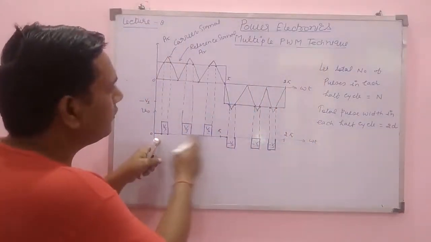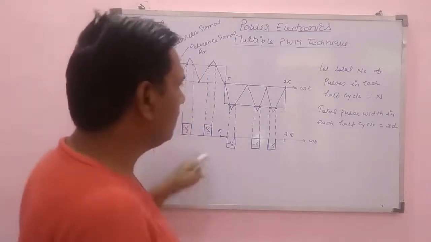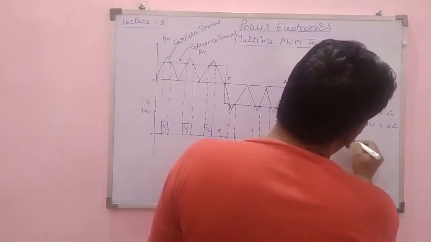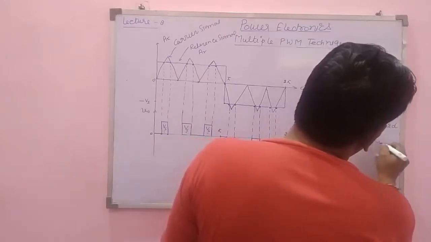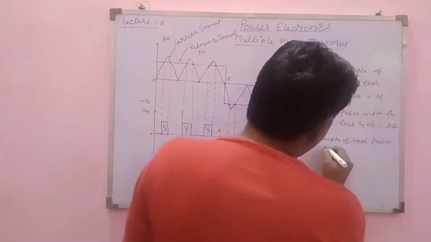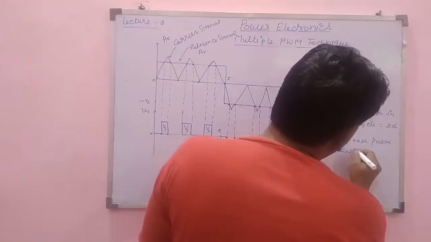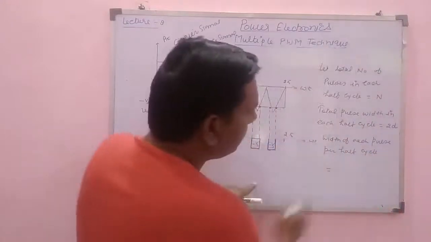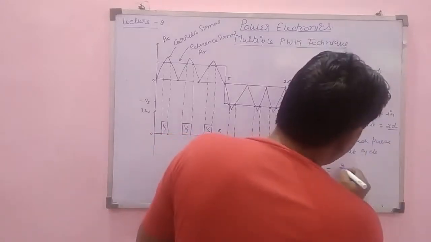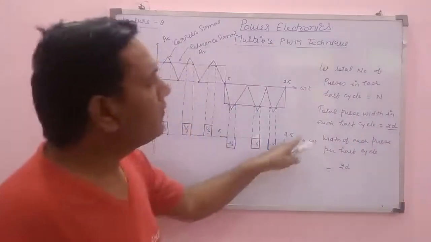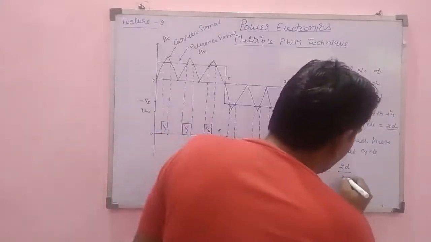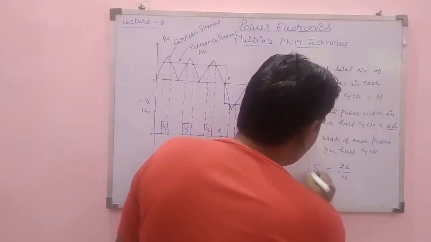But since the width of each pulse is the same, the width of each pulse per half cycle will be equal to how much? Total width, you know, this is 2d, and the total number of pulses we have considered is n. So divided by n, and suppose this is delta.